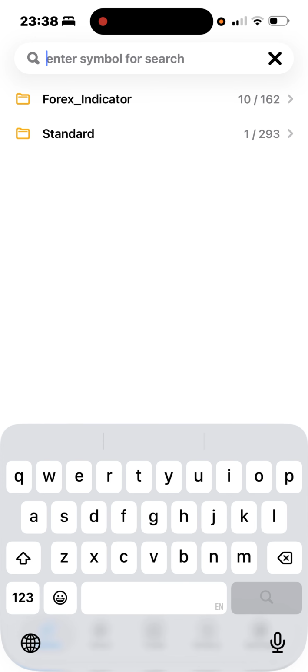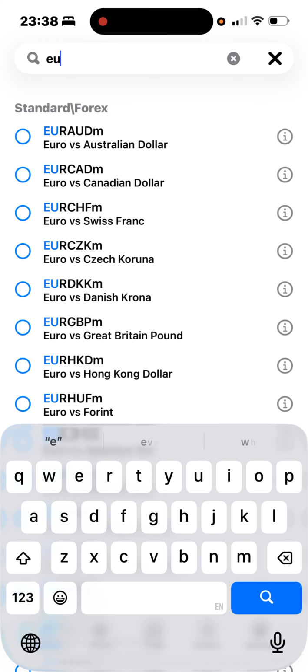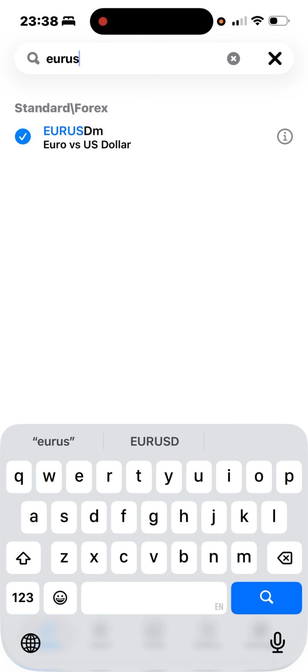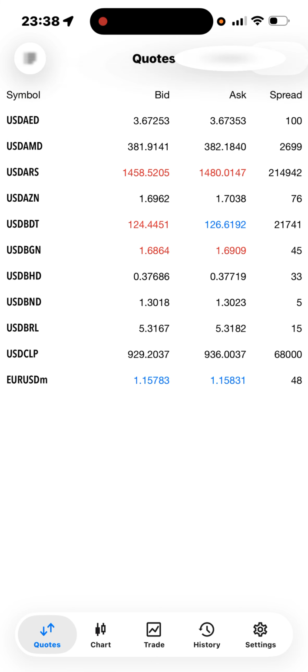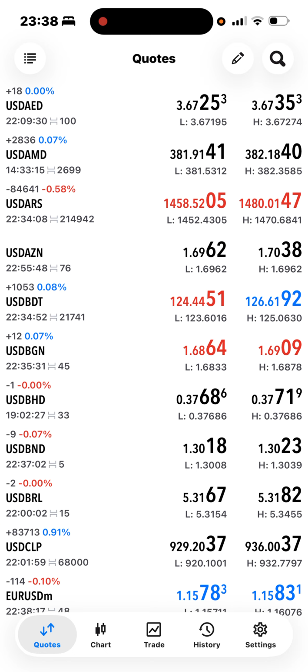If I say buy Euro USD, you search Euro USD, Euro dollar. You tap it so it will be ticked. Once it's ticked, it will appear on your quotes page. So this is how you add symbols and how you search for symbols, because I can just tell you, okay, sell this, buy this.